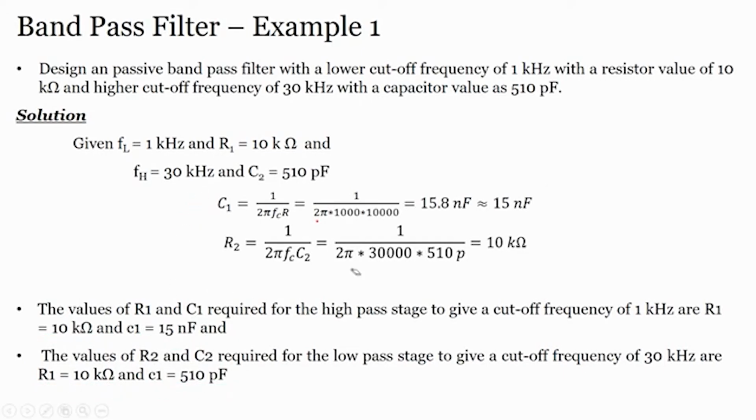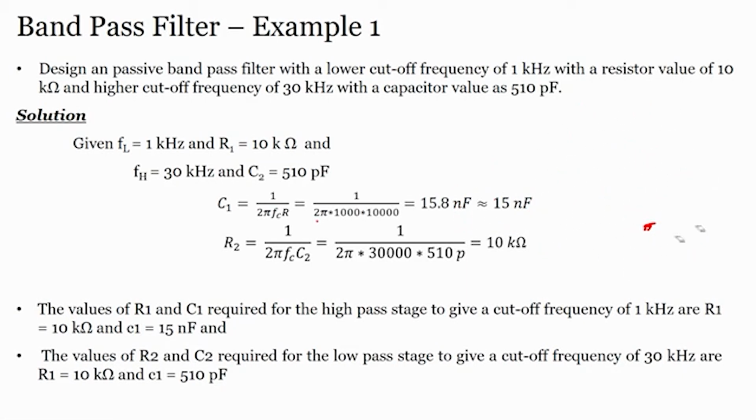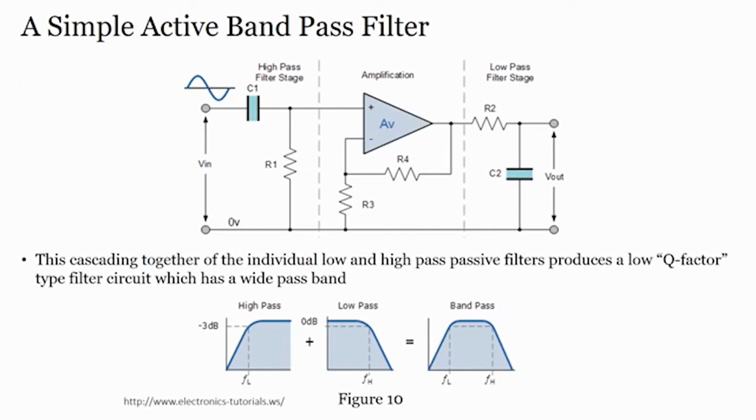If not, you correct it, because it is just putting the formula F equals 1 upon 2 pi RC, so C equals 1 upon 2 pi FR. Put the formula and find the values. Do not assume that if there is something here like 15.9 nanofarad, it is wrong. So, try by yourself also. So, now you know how to design an RC passive band pass filter, right.